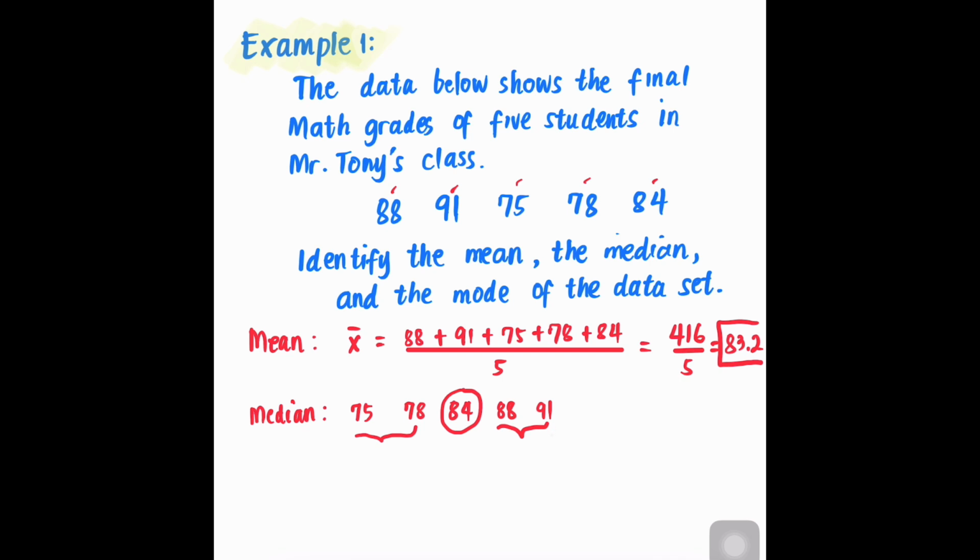That means that the middle numbers will be 2. And if that happens, you just get the average of those 2 numbers, and that will be your median. So later we will be answering one example involving that case. All right, so for this given data set, the median is 84.